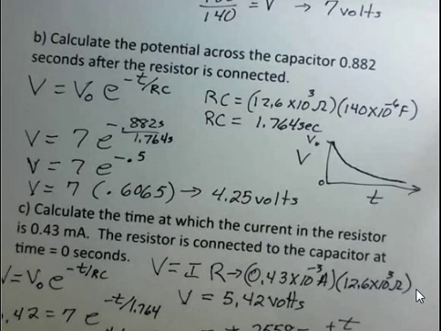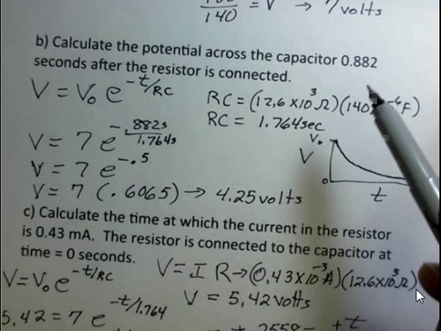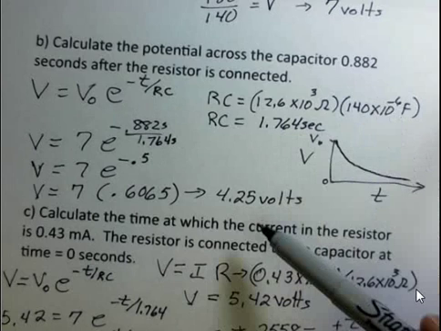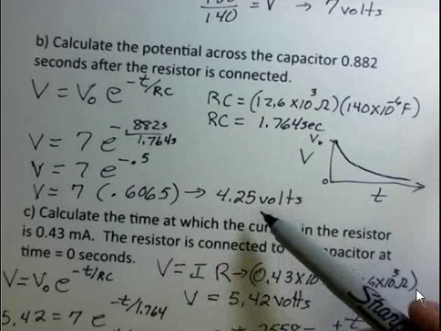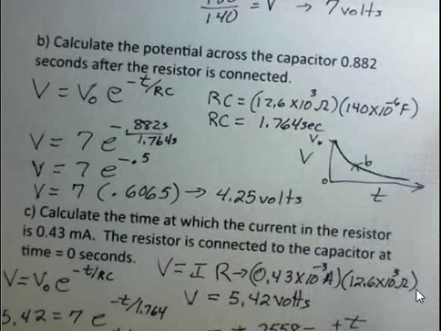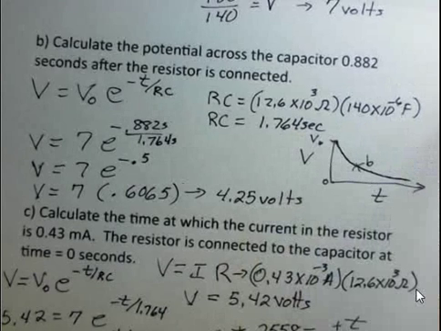This answer makes sense in comparing to the situation up here. When the time was 0.882, we were at 4.25 volts. So for the answer for part B, when the time is shorter, the capacitor is not discharged as much, and we're at 5.42 volts.